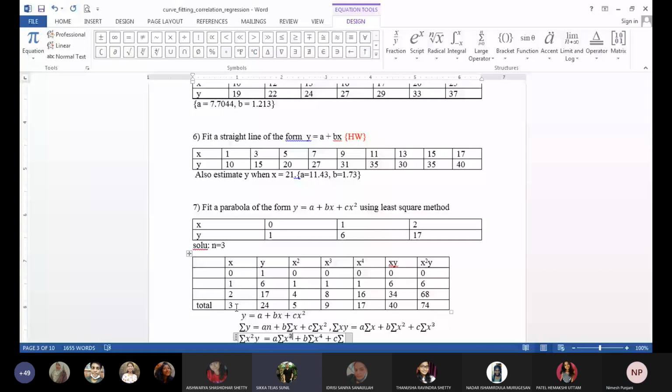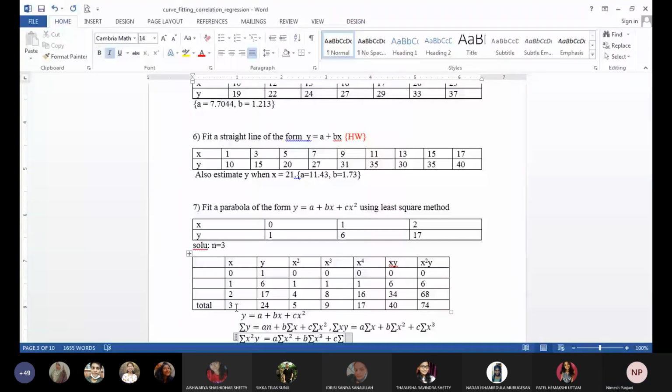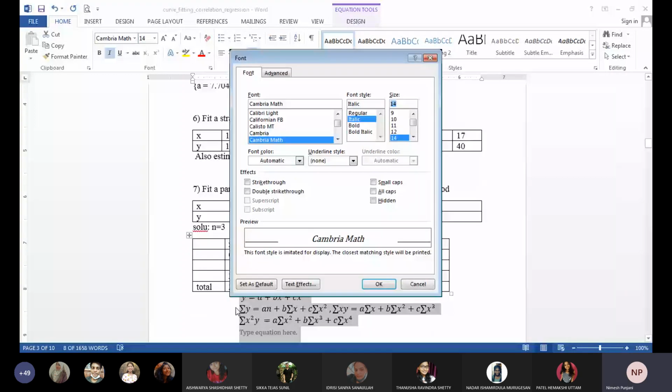Sir, multiply by x. Okay, these are the equations which you will get. We have to solve these.